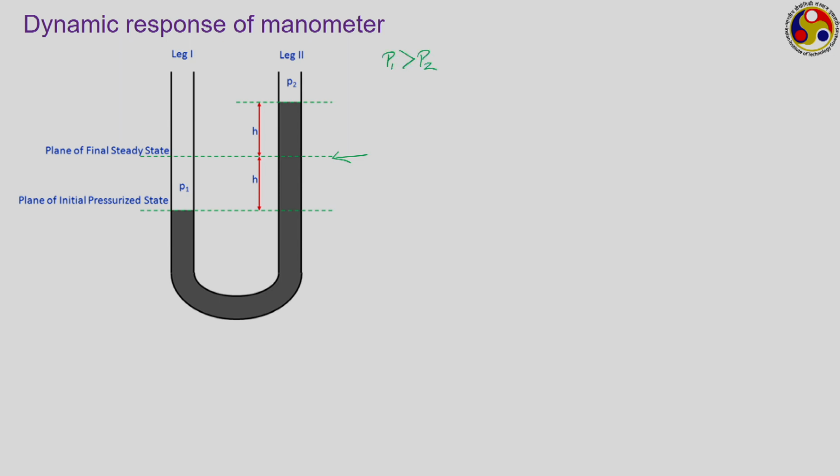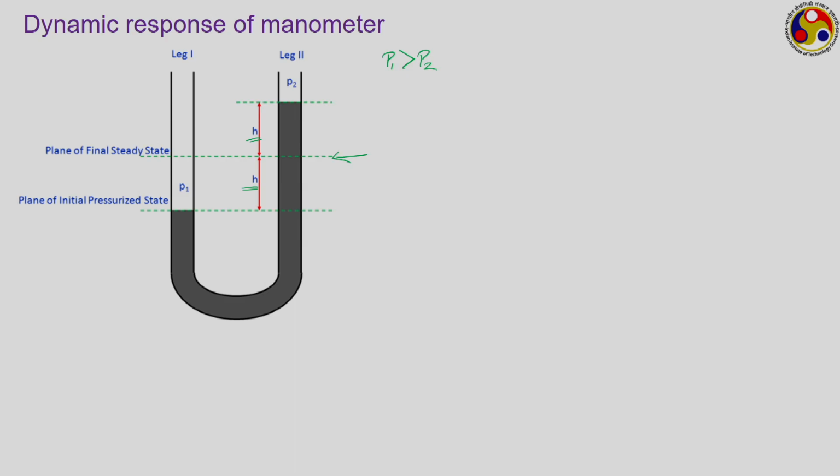Accordingly, the manometric fluid column in leg 1 reduces by height h. Instantaneously the liquid column goes down by height h in the first leg and increases by the same amount in the second leg, because the liquid is incompressible.